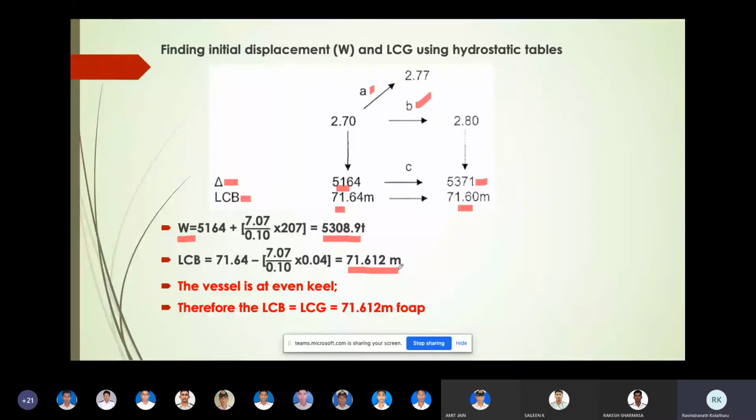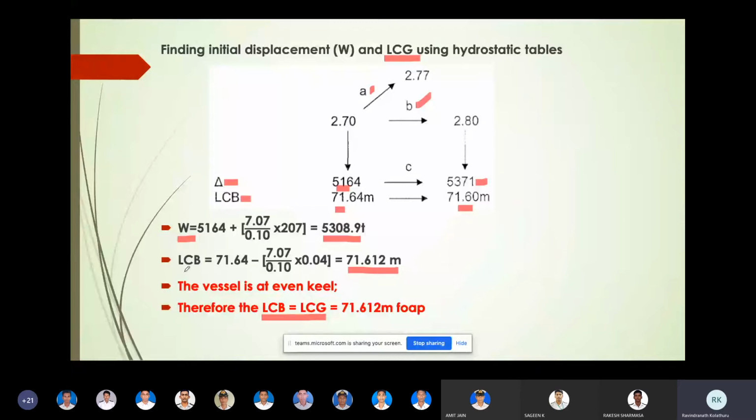Now why did I find LCB of the ship? Because our final intention is to find LCG. But when the ship is at even keel, can I say that my LCB is equal to LCG? Yes, sir. Both will be in the same place. So my LCB will be equal to LCG, and the vessel is already on even keel.